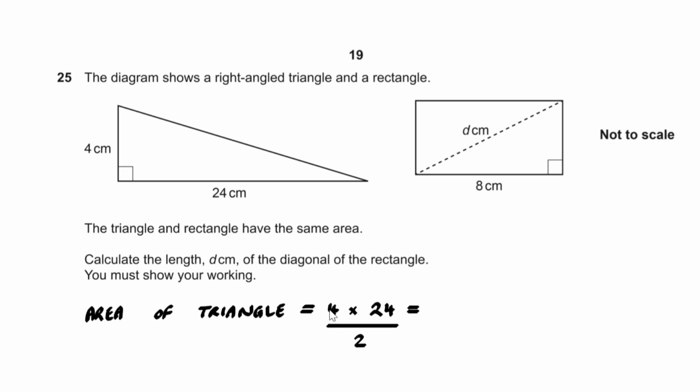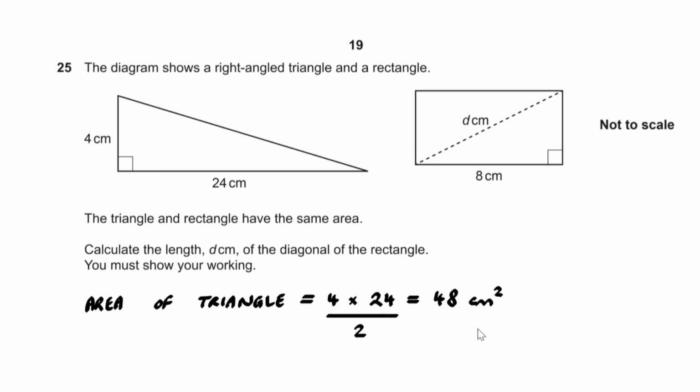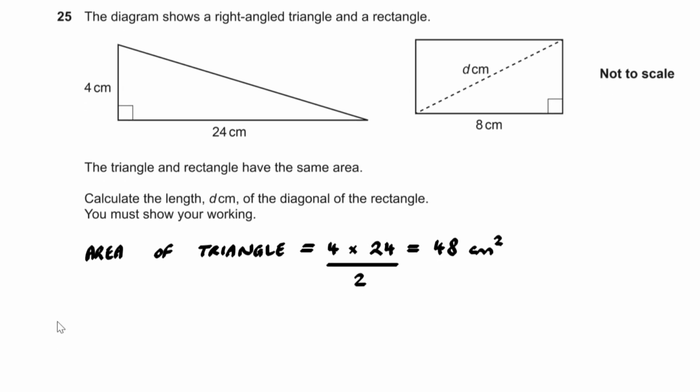we've got 2 times by 24, which is 48 centimeters squared. So therefore, we've got 8 times by some height h, which is 48, which means h is equal to 6.